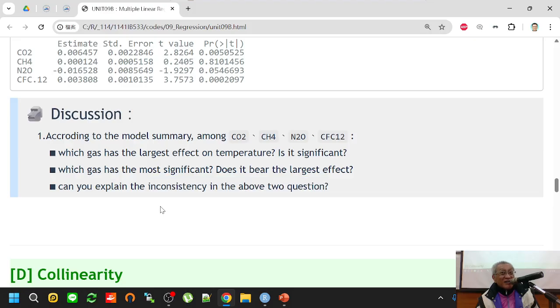Why is that inconsistent? Actually, I already explained to you, right? Yeah, because of the standard error, right? Which implies that when the method estimates the expected value, it sometimes has uncertainty there, right?